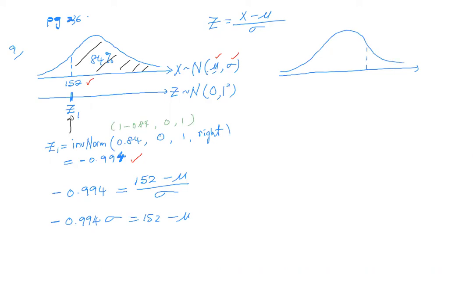So this is your 16%, this is your X, this is your 200, and this is your corresponding Z score. Okay, Adriana, tell me how to get Z2.